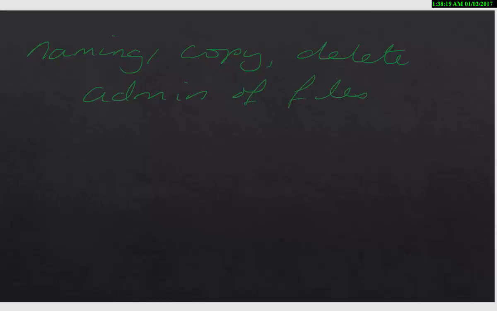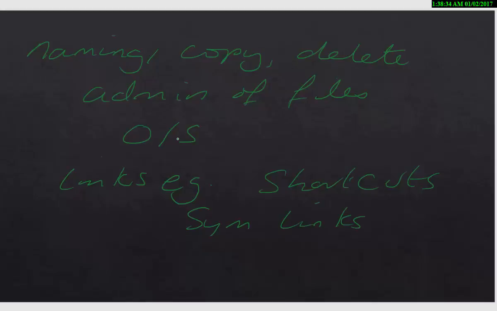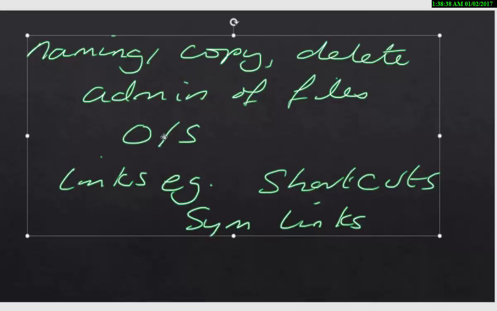So the operating system needs to allow for all of that, as well as links, e.g. shortcuts or symbolic links. So there's all of this stuff for file management, quite a lot there. And so that's the sort of thing you need to talk about for files.